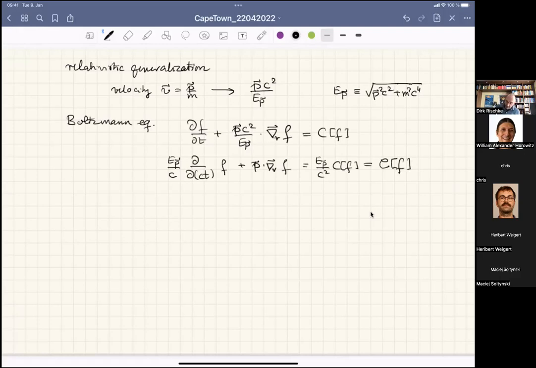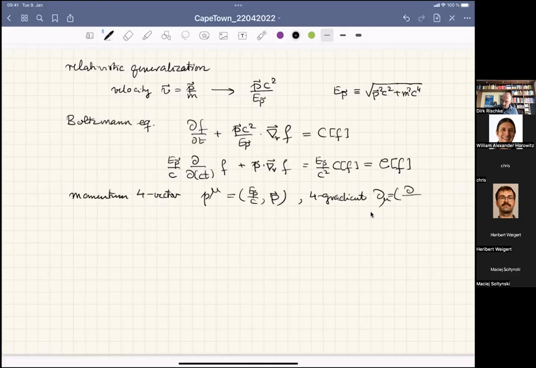And then I know that my momentum four-vector is p mu, which is energy in the time component and the normal spatial momentum in the spatial component. And my relativistic four-gradient, del mu, is d by d(ct) and the standard spatial gradient.